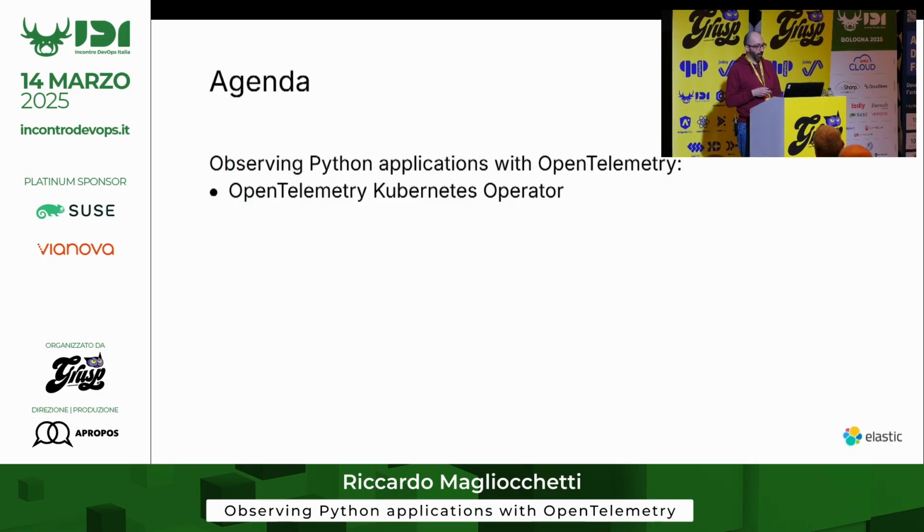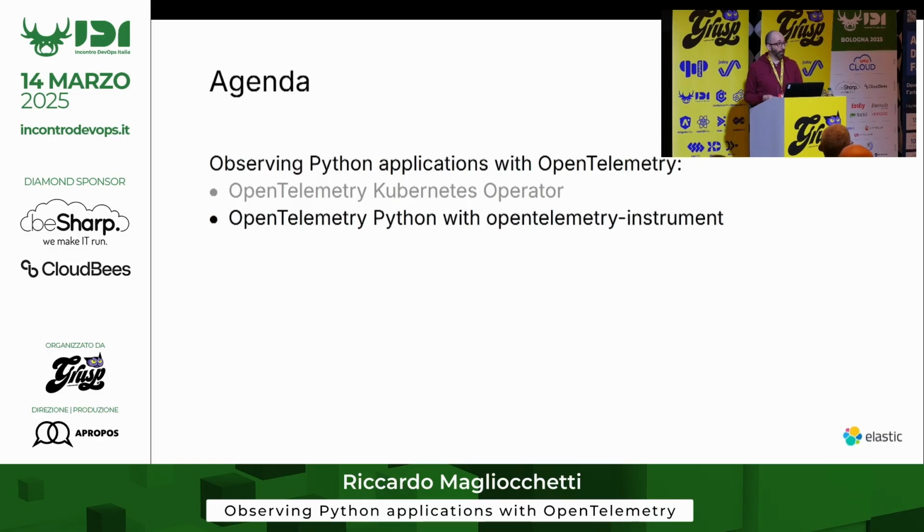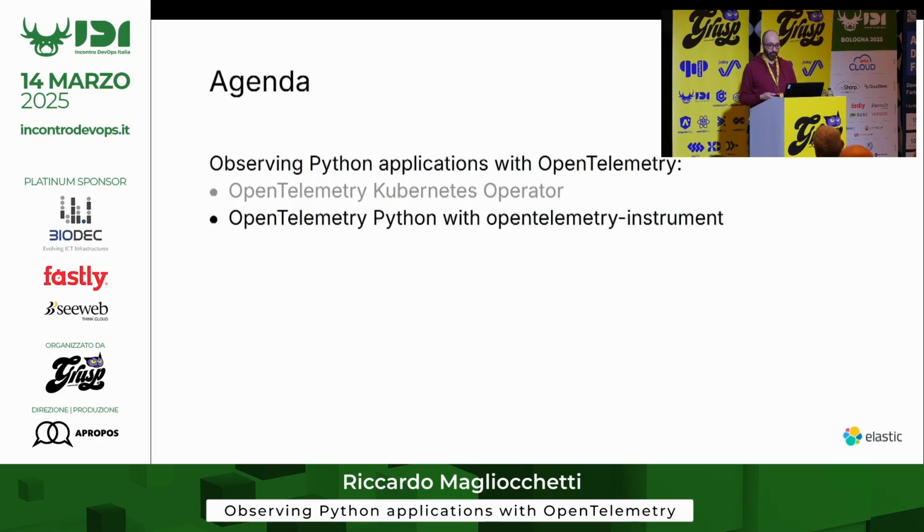So the agenda for today is, first, we'll take a look at the OpenTelemetry Kubernetes operator. That is a Kubernetes operator to manage an OpenTelemetry collector instance and to inject auto-instrumentation into your pods. Then we'll take a look at OpenTelemetry Python's own auto-instrumentation solution that is based on the opentelemetry-instrument wrapper.